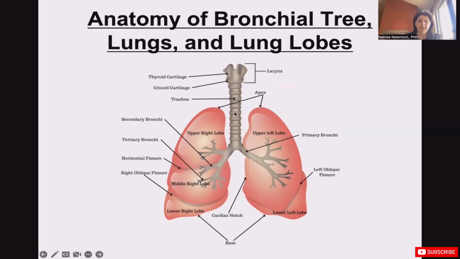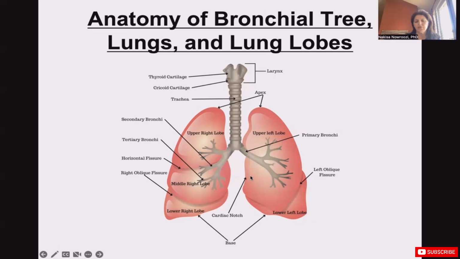You come down to trachea. Trachea branches into primary bronchi, secondary bronchi, and tertiary bronchi. You have upper right lobe, middle right lobe, and lower right lobe of the right lung, and upper left lobe and lower left lobe of the left lung.